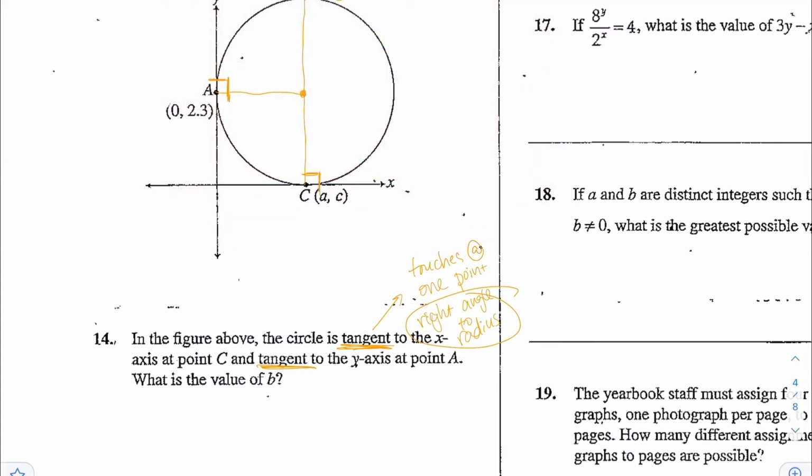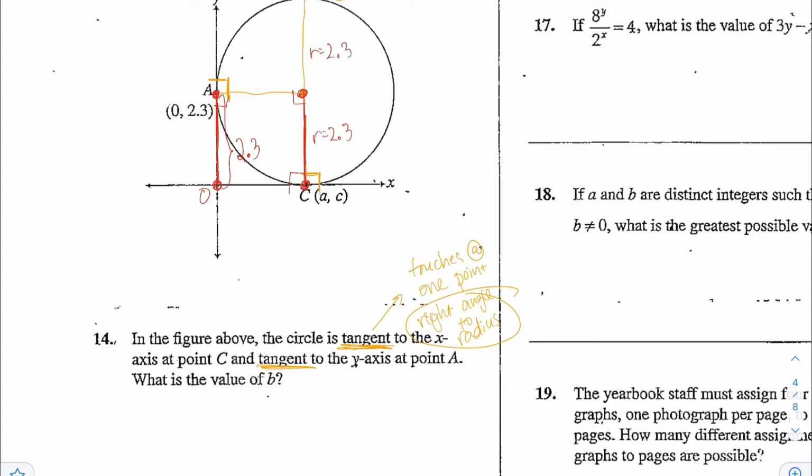If you know that A is (0, 2.3), that means this part has to be 2.3. The origin to A is 2.3, which is going to be the same distance from C to the center, because they're all right angles. You made a square. So that means the radius is equal to 2.3.